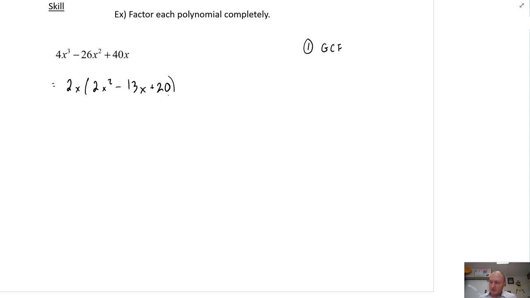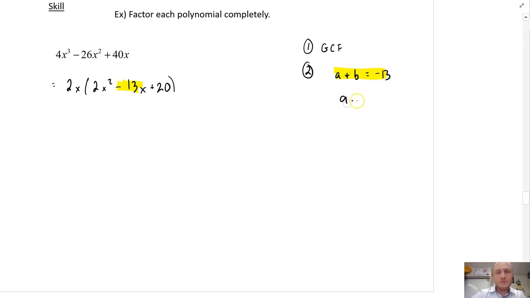At this stage, what we want to do is use our product method. So a plus b, we want that to equal our middle term, which is -13.